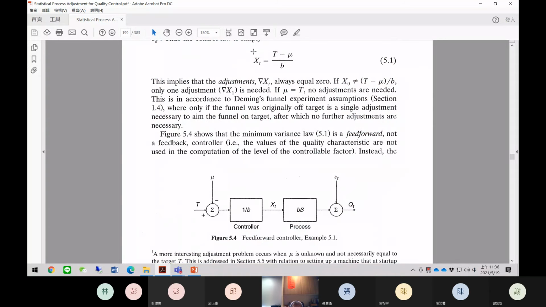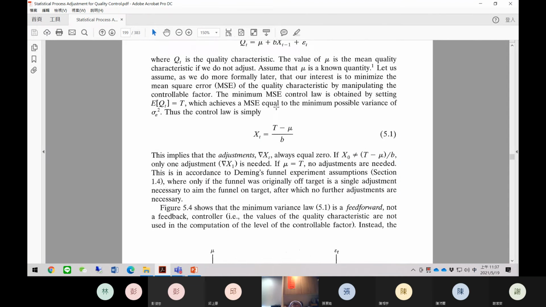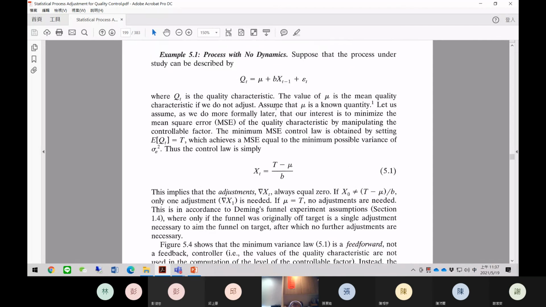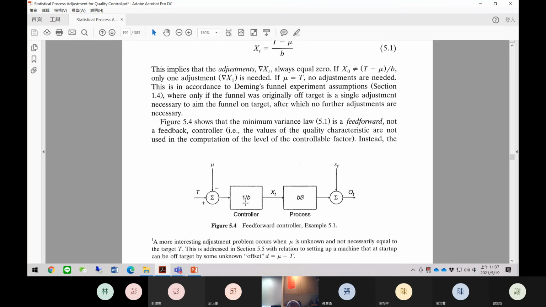So in this case, the Qt is not used in the computation of the Xt.